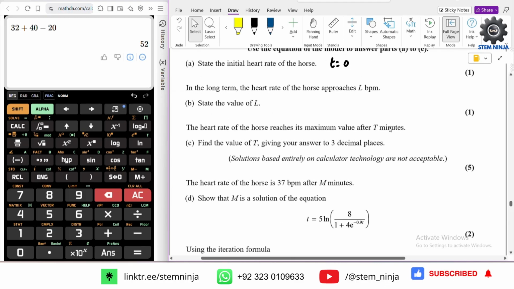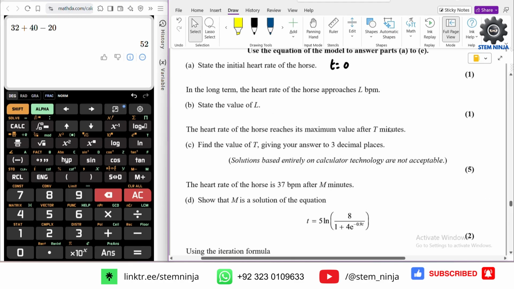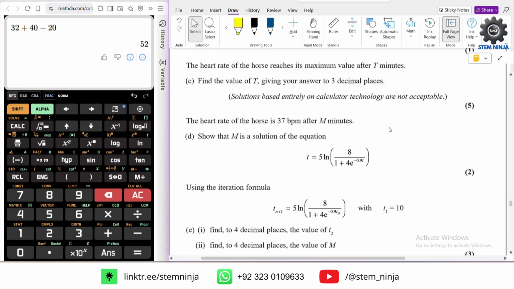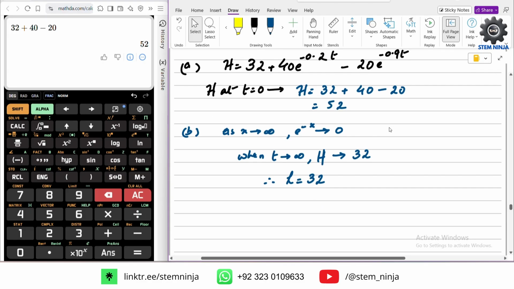The heart rate of the horse reaches its maximum value after t minutes. Find the value of t given your answer to 3 decimal places. So maximum value, so basically we need to differentiate this.